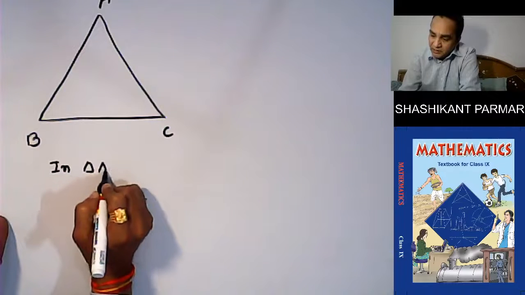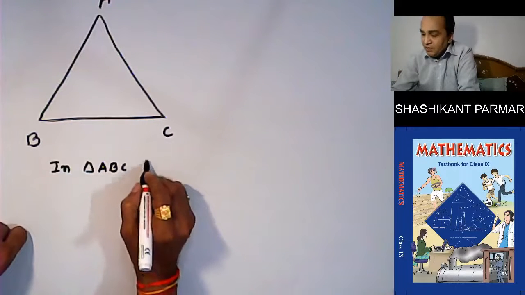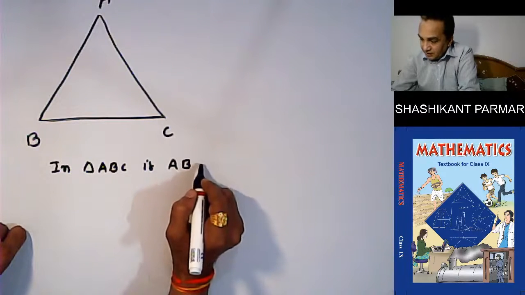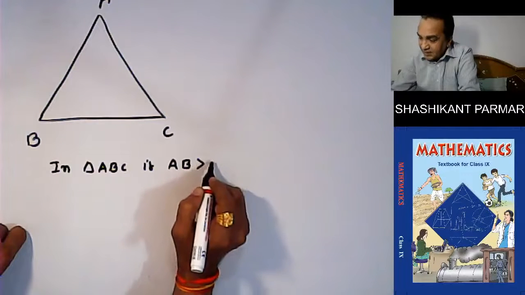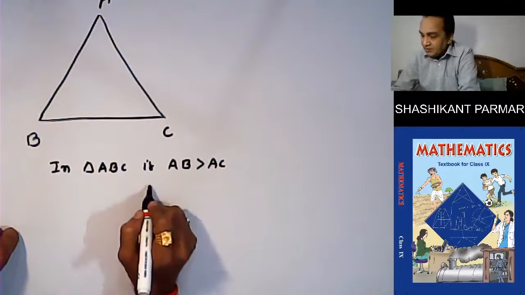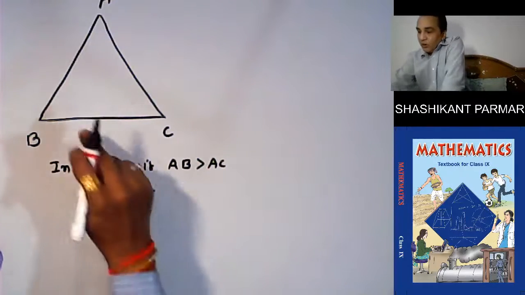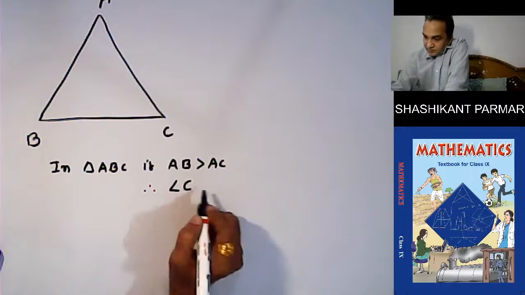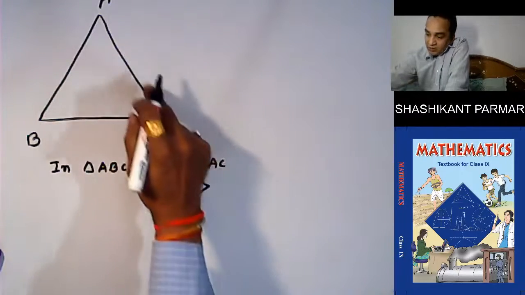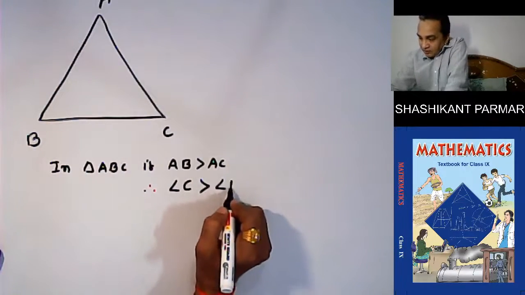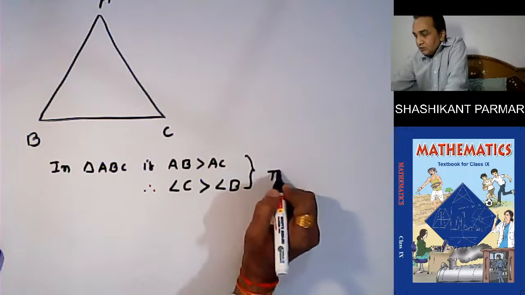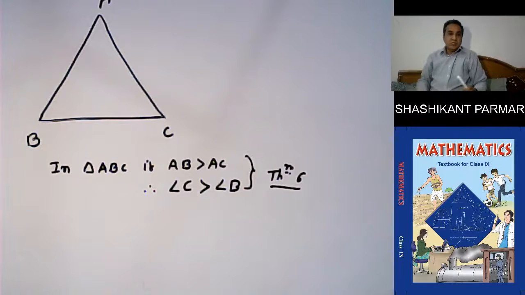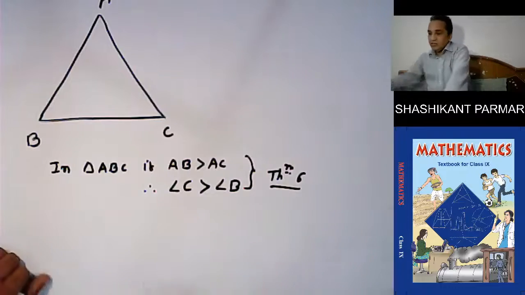In triangle ABC, if AB is greater than AC, then the opposite angle of AB, that means angle C, is greater than the opposite angle of AC, so angle B. This says theorem number 7.6. This theorem is without proof here.